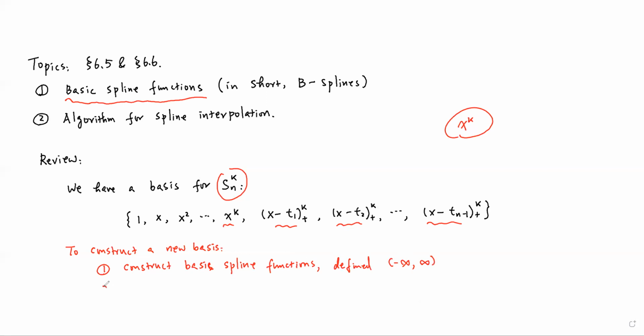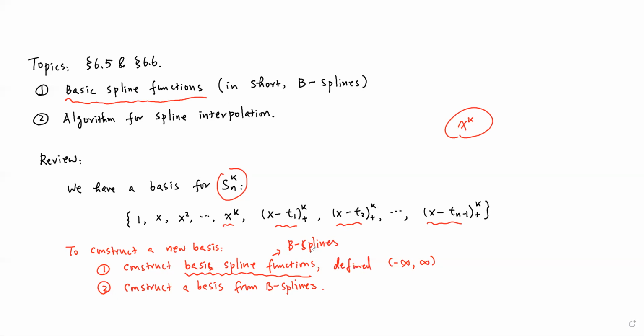And then step 2, construct a basis from basic spline functions. We usually call them B-splines. Then step 2, construct a basis for this space from B-splines. Okay, 2 steps.